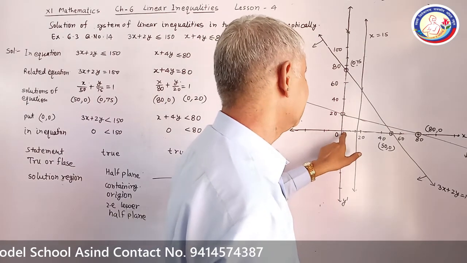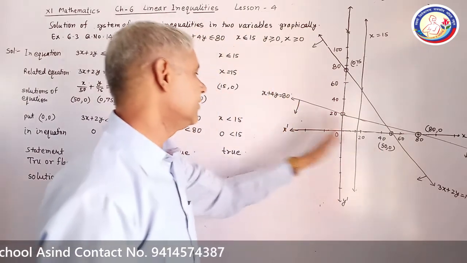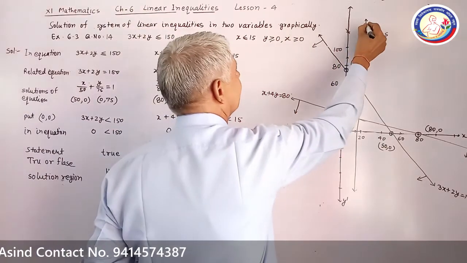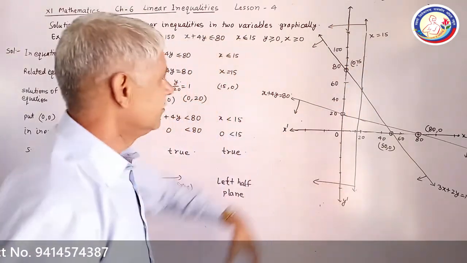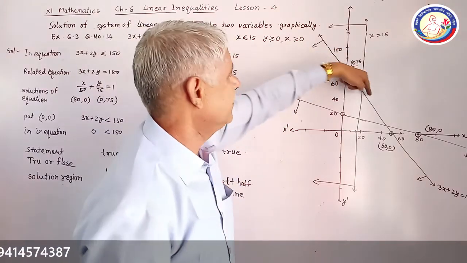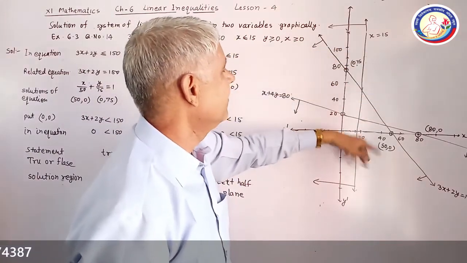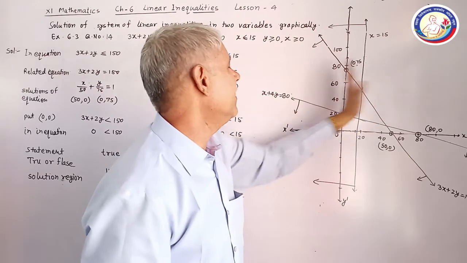The left half plane contains the origin, so this region will be the solution in this. This is the region. So lower half plane plus this line, lower half plane plus this line, and left half plane.